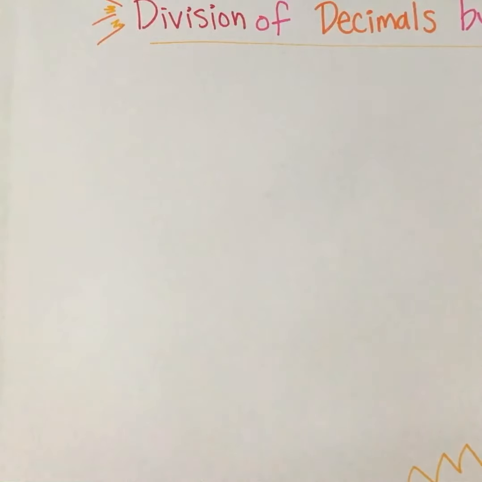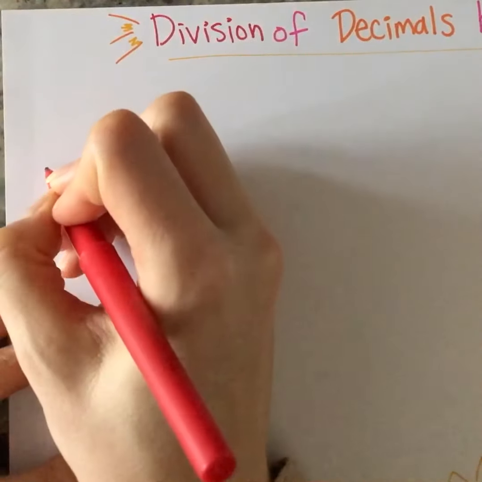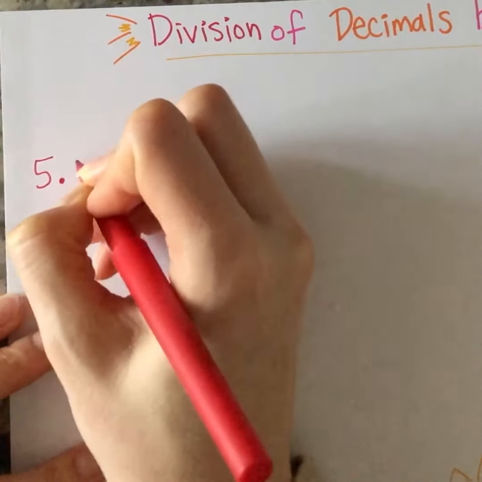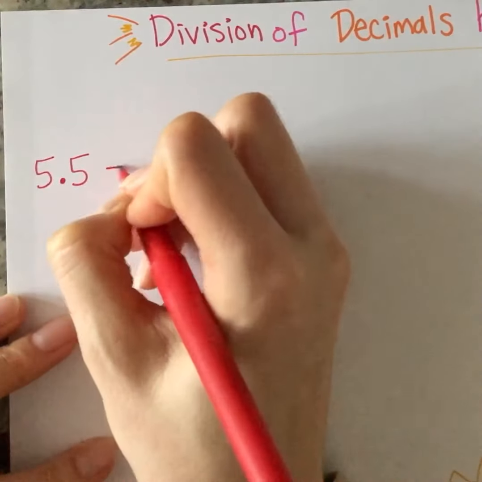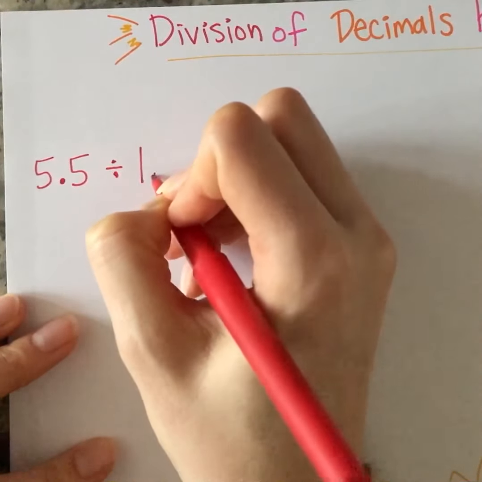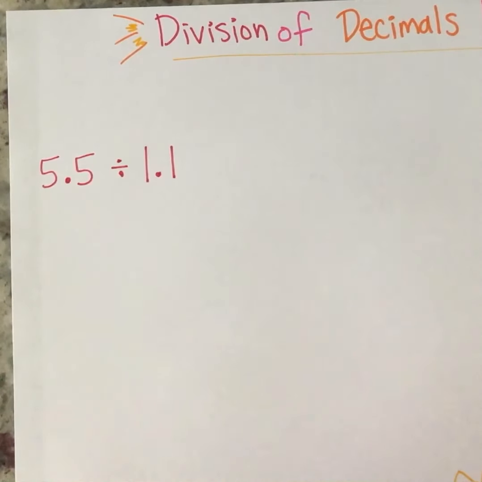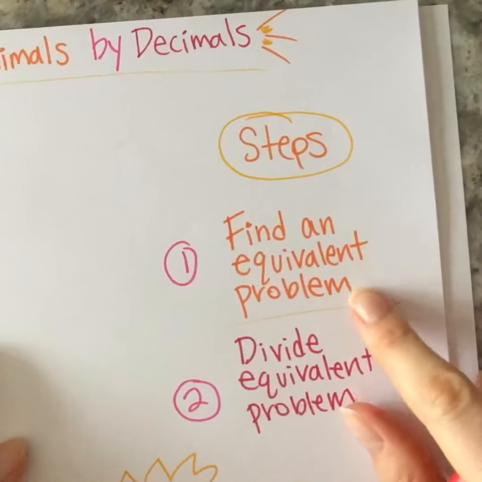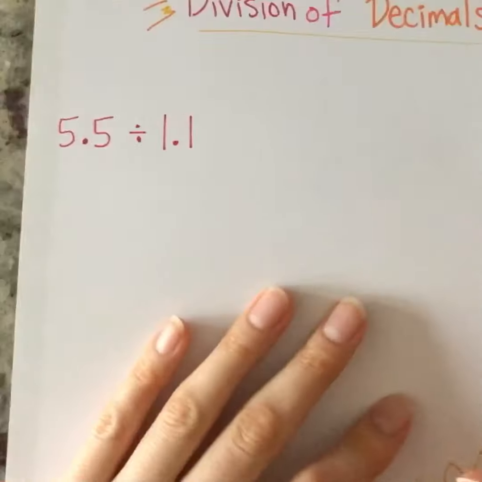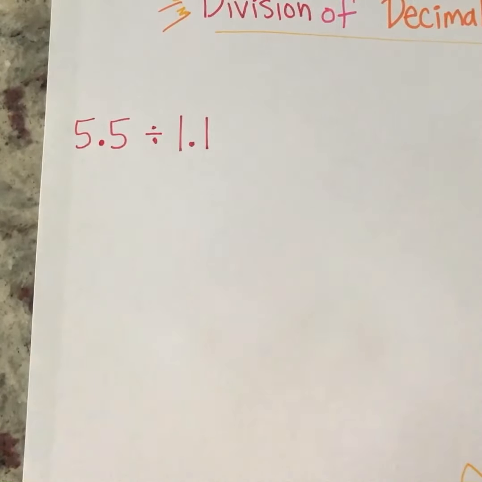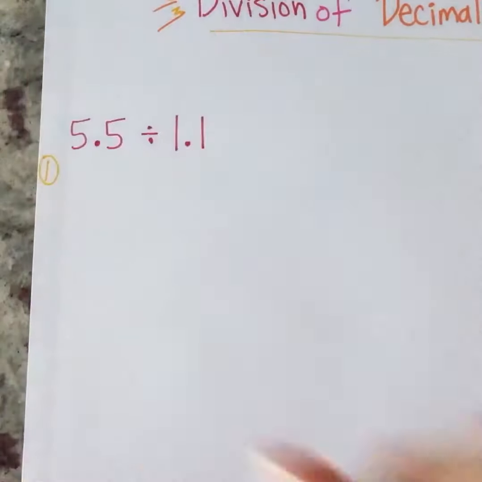First off, we're going to be using the number 5 and 5/10 divided by 1 and 1/10. We notice both of these have decimals, so we are going to need to find an equivalent problem. Now, when we find an equivalent problem, we need to move the decimal place the same number of times for each number.